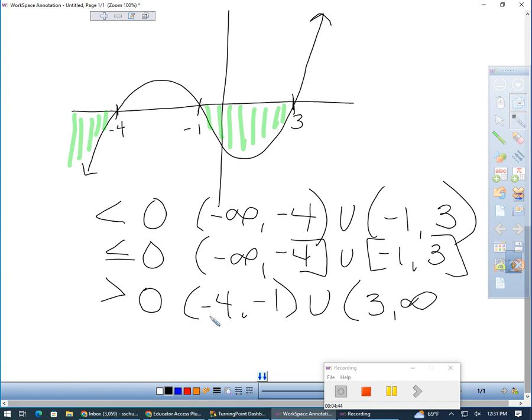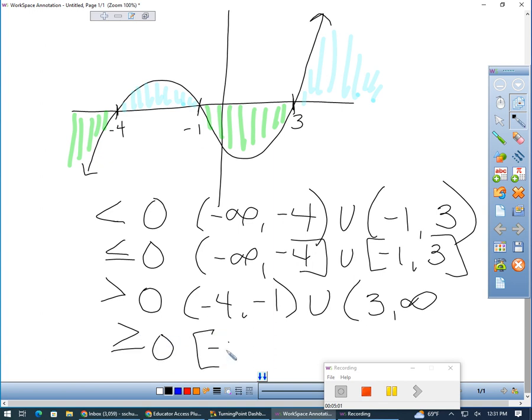Okay, because if you look at this, we'll use blue this time, it is this section where it's above and this section. And then of course, if it's greater than or equal to 0, it would be a bracket, negative 4 to negative 1, the bracket, and a bracket 3 to infinity.